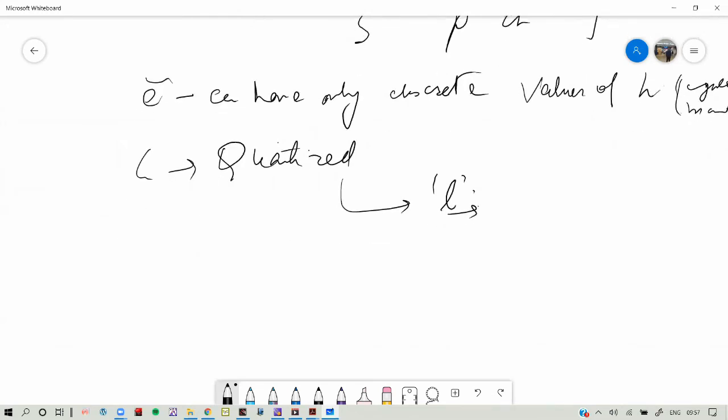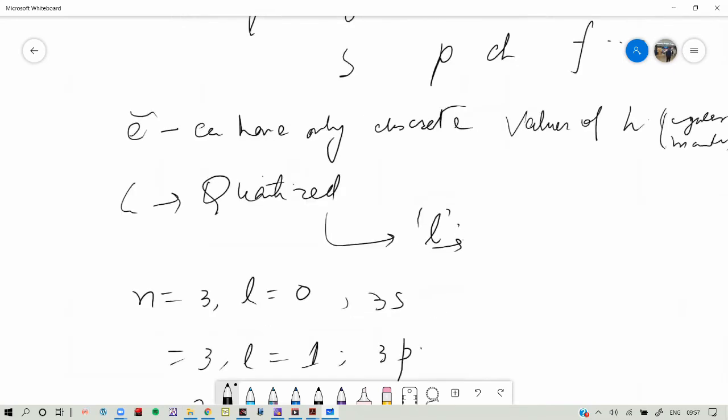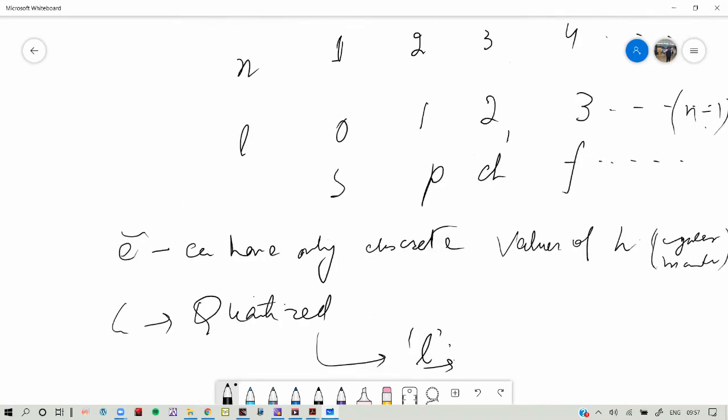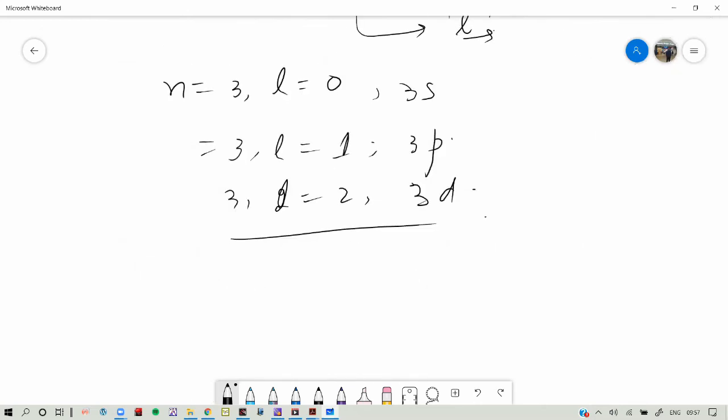So for example, if n is equal to 3 and l is equal to 0 or l is equal to 1. When n is equal to 3, l is equal to 0, it becomes 3s. When n is equal to 3, l is equal to 1, it becomes 3p. When it is 3 and l equal to 2, it becomes 3d. Okay. So this is how we name those orbitals in which the electron can be found by probabilistic interpretations.